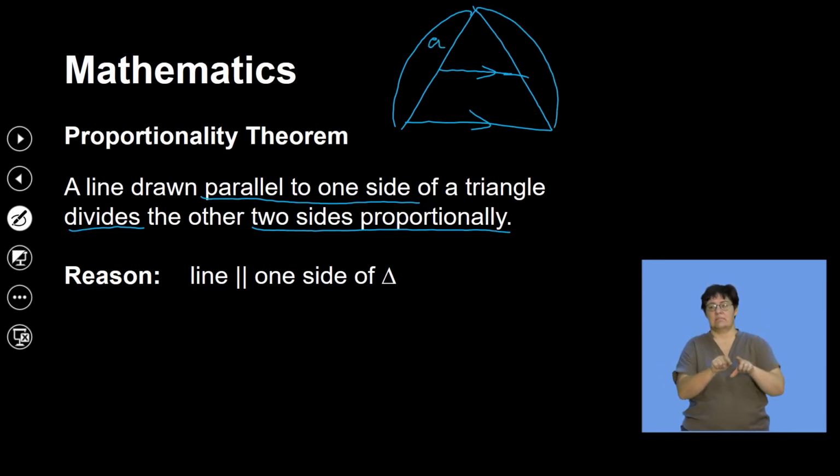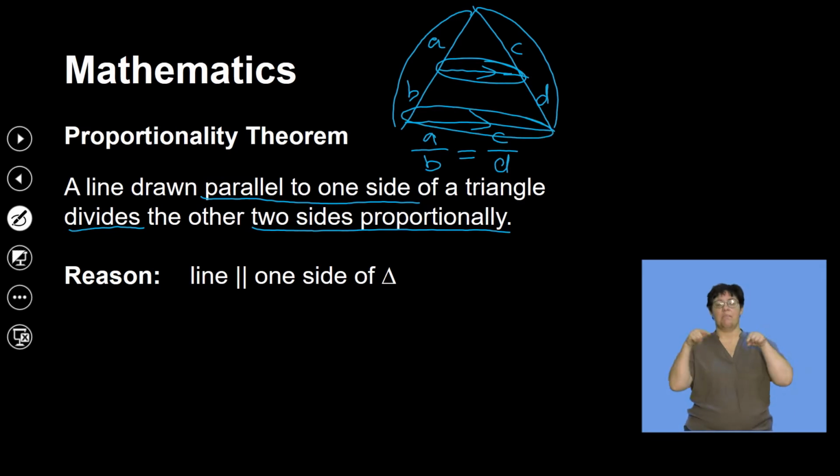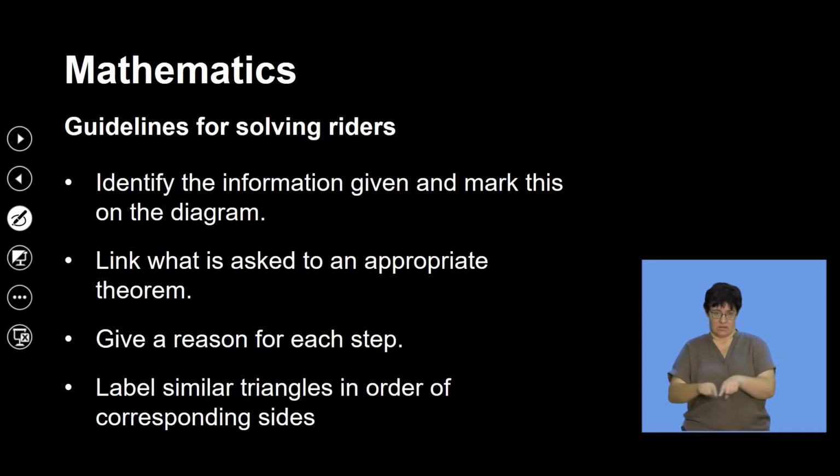So if this is A, that is B, that is C, that is D, it means that A over B will be equal to C over D, because of the fact that these sides are parallel to one another. So that's what the proportionality theorem says. And then the reason that you normally use will be line parallel to one side of a triangle.